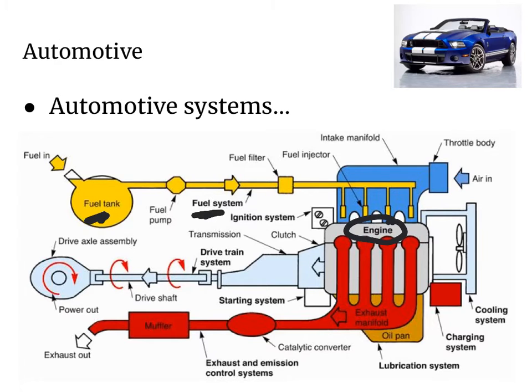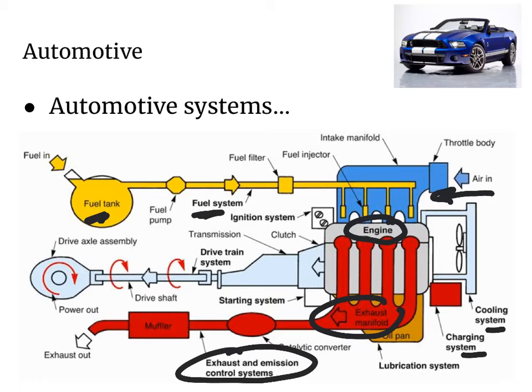You have air coming in to the engine as well. You have your cooling system, your charging system. As the engine is doing its job, you have an exhaust system that allows the exhaust to go out of the car. The engine also has an ignition system and a drivetrain system that eventually allows power to come out and the wheels to turn.